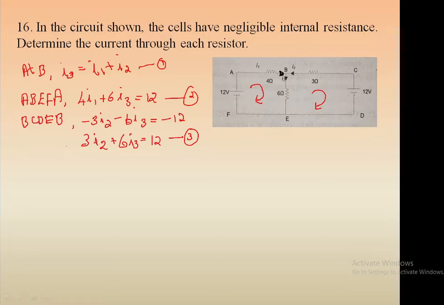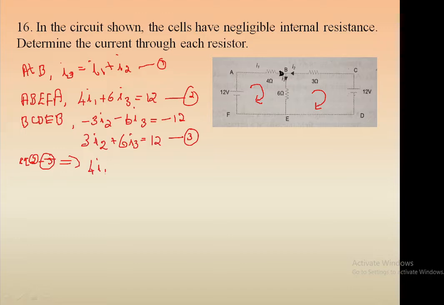Now we have to solve these three equations to find the three values of current. Let us subtract equation 3 from equation 2. 2 minus 3 gives 4I1 minus 3I2.